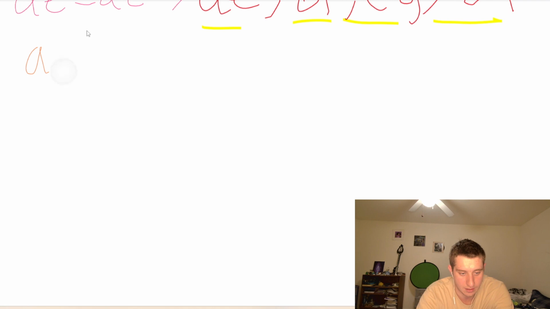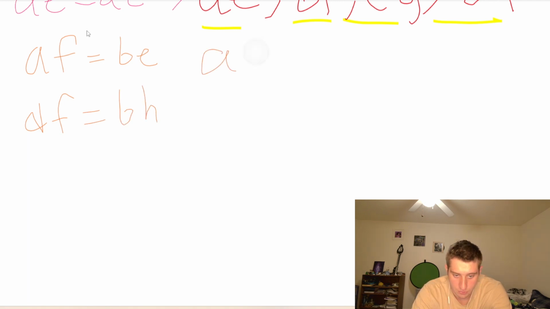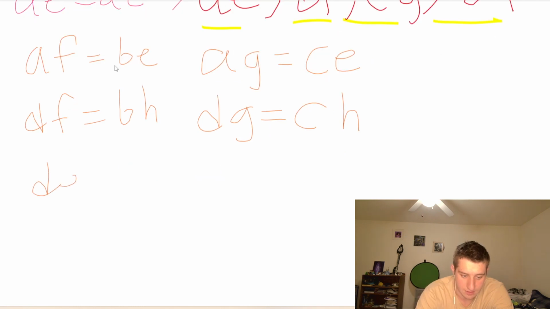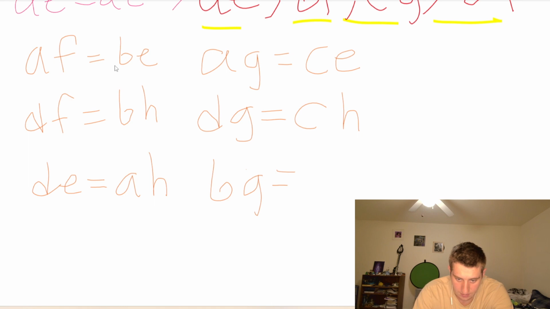We have these four fundamental pairs, which are the four corners, and then our other fundamental equations are AF equals BE, DF equals BH, AG equals CE, DG equals CH, DE equals AH, and BG equals CF.